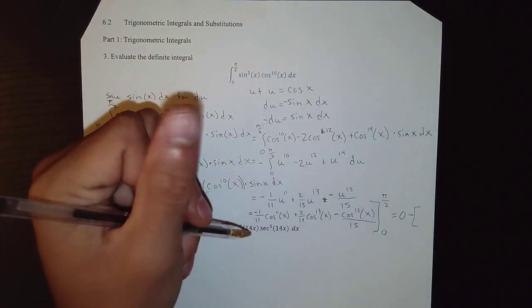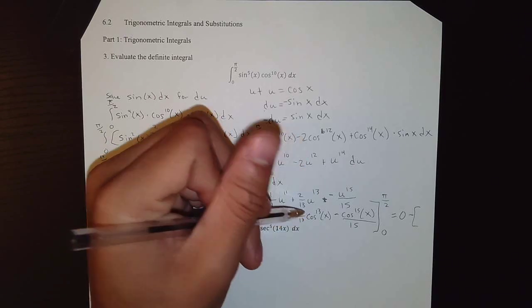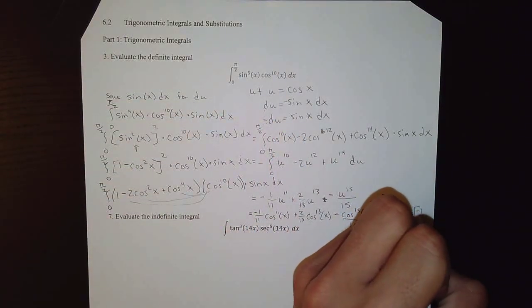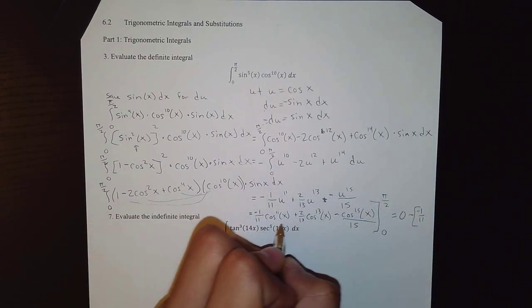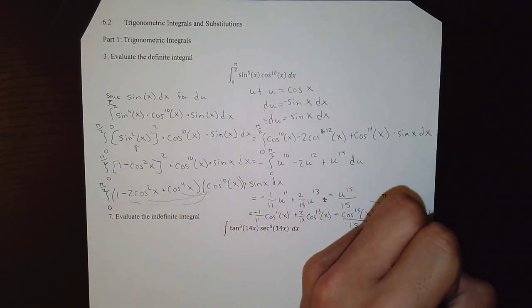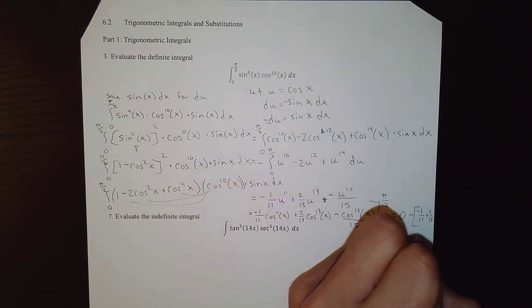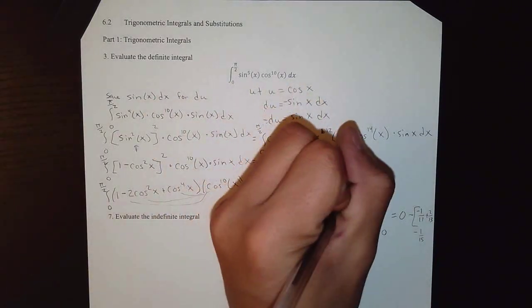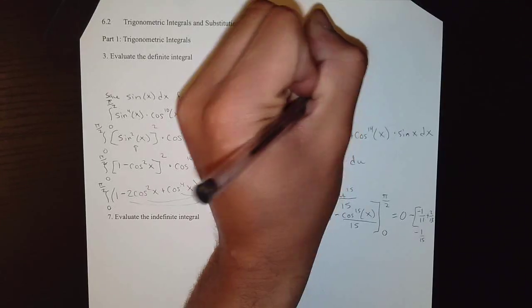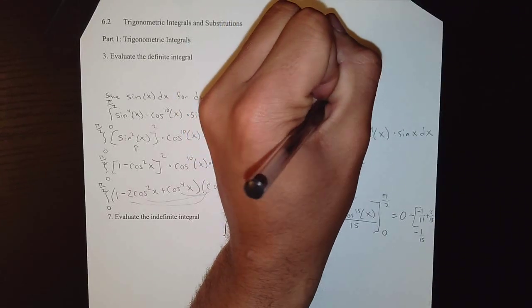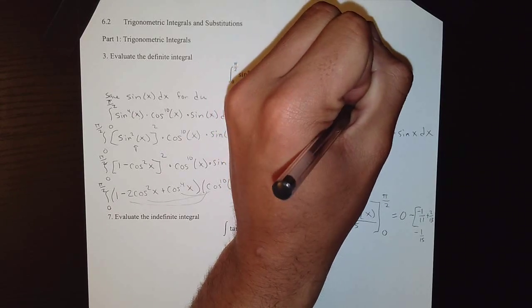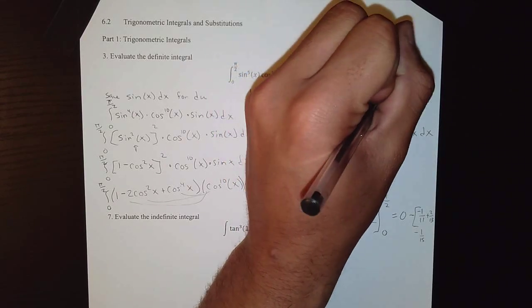And so all of these terms would be existent. And so we would have minus negative 1 over 11 plus 2 over 13 minus 1 over 15, which would just end up becoming 1 over 11 minus 2 over 13 plus 1 over 15.